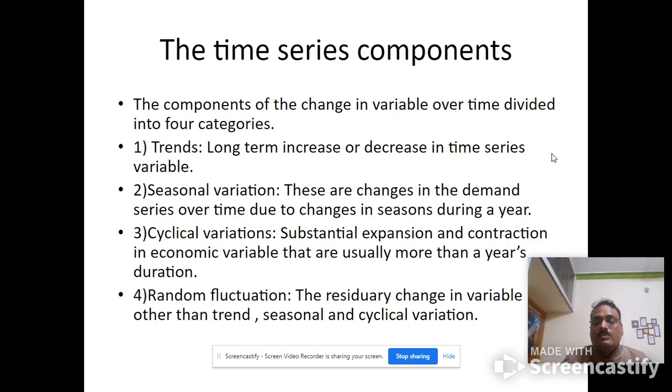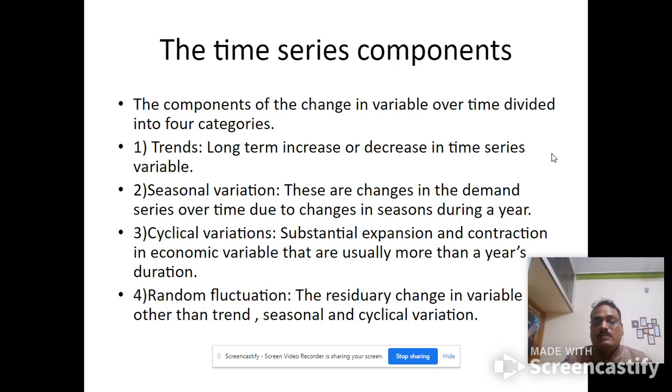So by observing that particular pattern, we figure out that the change is taking place in that pattern and is due to the change of the season. Then we can use that pattern for the prediction of the future demand.